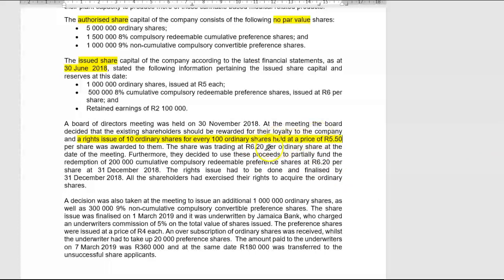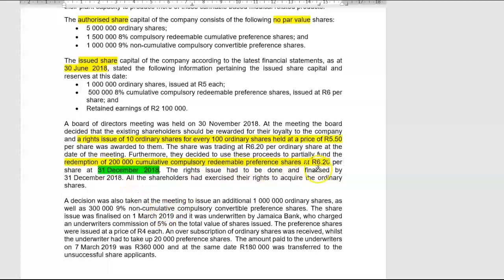Now clearly you can see that it's a bargain for them to take it up at 5.50 Rand a share, because even immediately after they've taken up the share and they sell it, they're probably going to make a small profit. Furthermore, they decided to use these proceeds to partially fund the redemption of 200,000 cumulative compulsory redeemable preference shares at 6.20 Rand per share at 31 December 2018.